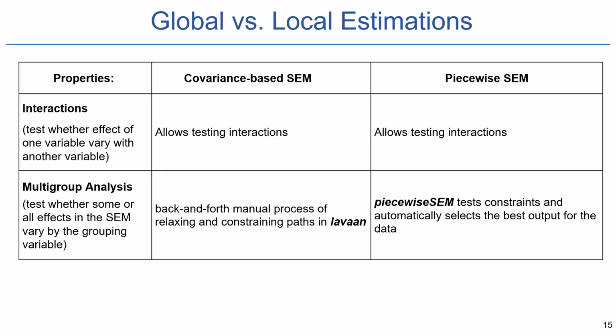The multi-group analysis is possible in covariance-based SEM as well, but it's a manually harder process. So we have to do steps of manual adaptation when we do this in lavaan, while in the piecewise SEM, this is all done more automatically.